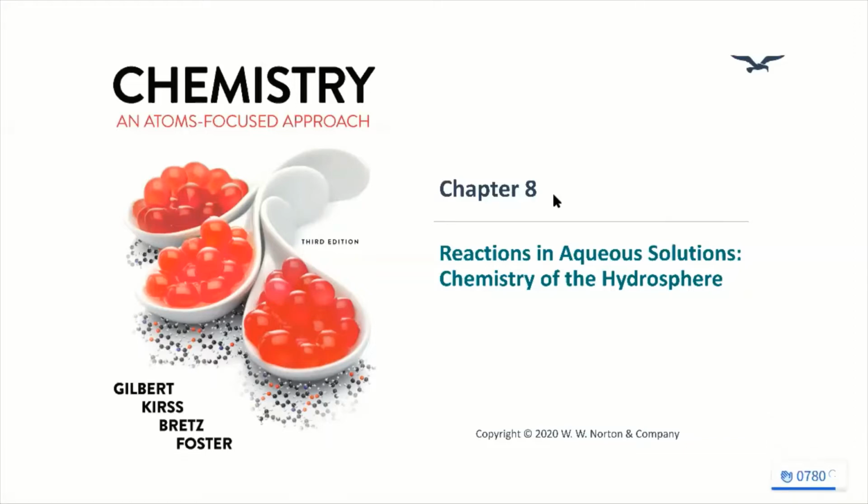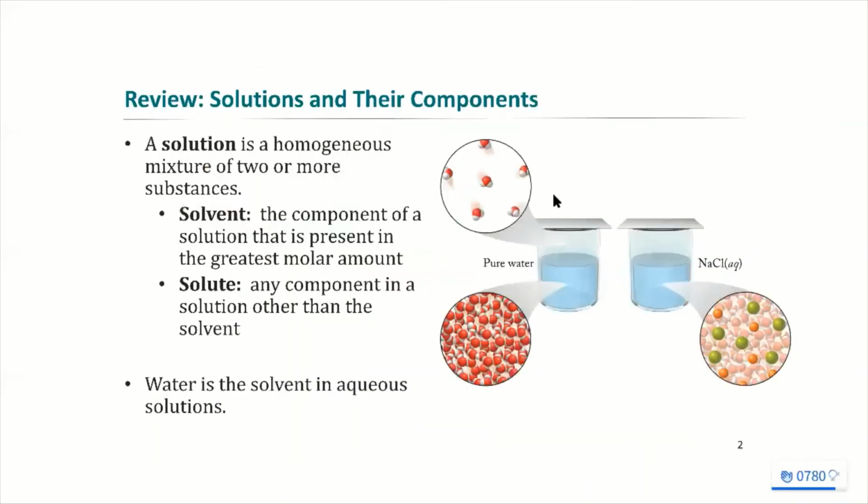So we need to start with just a simple review of what a solution is and what makes up a solution. By definition, solutions are homogeneous mixtures. And they are comprised of a solvent, which is basically the substance that is present in the most amount.